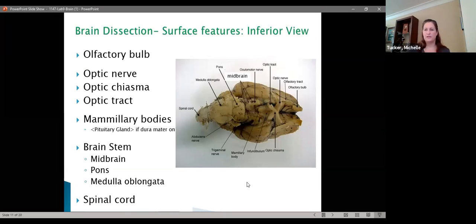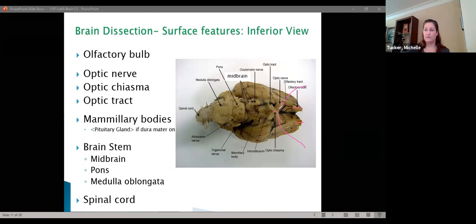If you flip the sheep brain over, you have those olfactory bulbs kind of peeking out the front. They will then run down olfactory nerves. You have the optic chiasma in the middle with optic nerves running out to the eyeballs.